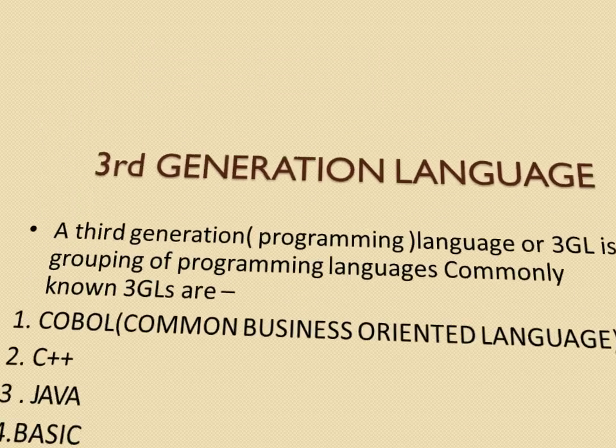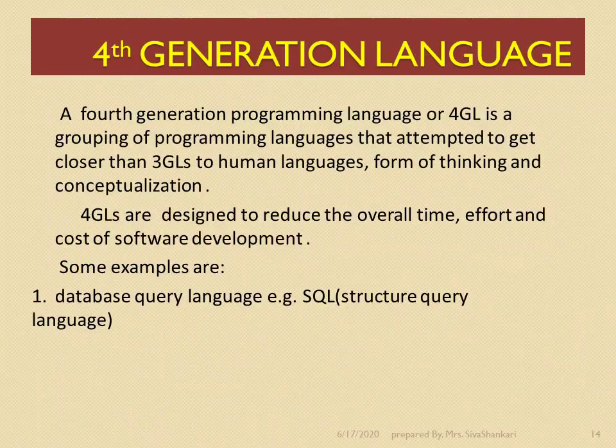So they moved to the fourth generation language. This is to enhance the third generation language. It is to reduce the overall time, effort and cost of software development. And they also used some other platform, that is database query language.